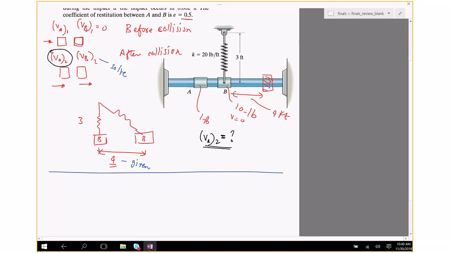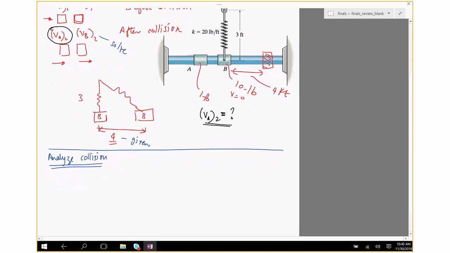Okay, forward direction. We first have to analyze the collision. The key is to analyze the collision and analyze the motion under the spring. First of all, in a collision there's conservation of momentum: MA VA before collision plus MB VB before collision equals MA VA after collision plus MB VB after collision.